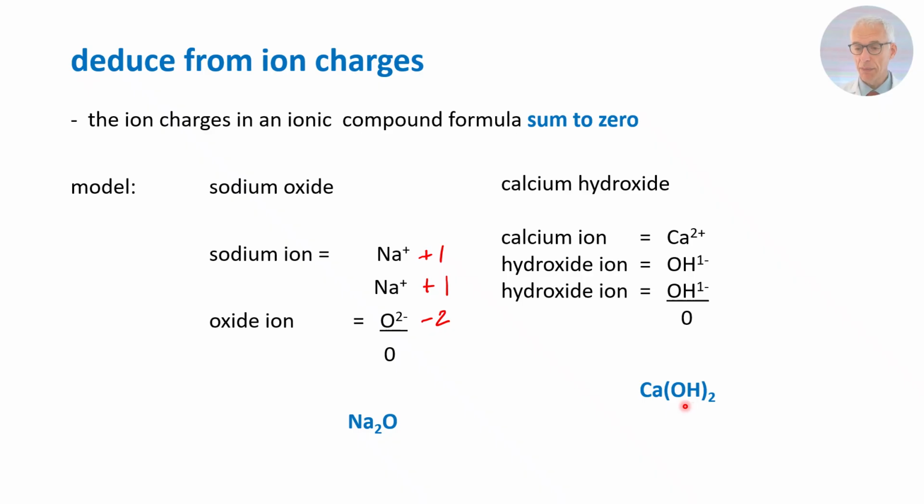We indicate that by placing hydroxide inside a bracket and a subscript 2 outside. So 2 hydroxides, place the hydroxide inside the bracket and subscript 2. But the important thing is that the calcium 2+ and the 2 hydroxide ions, their charges sum to 0.